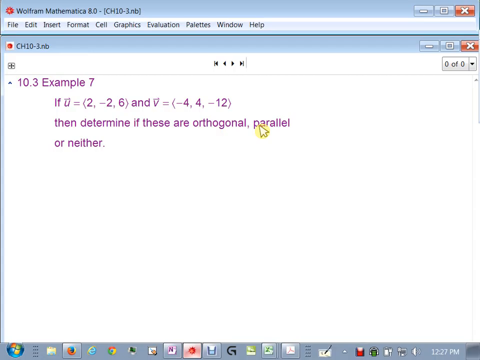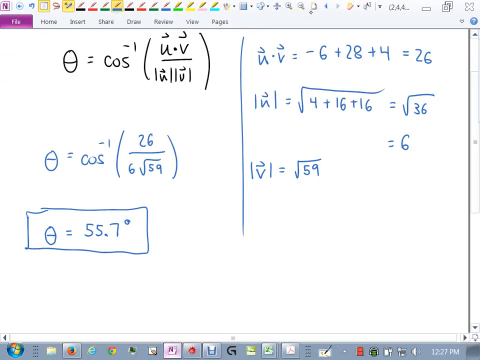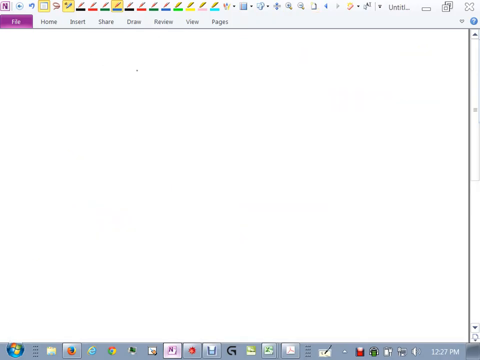Okay, are they parallel? How do I check if they're parallel? What does it mean for two vectors to be parallel? They are scalar multiples. How can you tell if they're scalar multiples? In this case, it's pretty easy, but there's a way to check that if you can't tell easily.